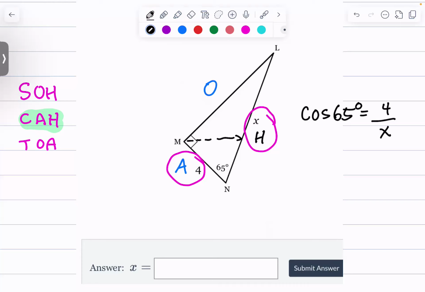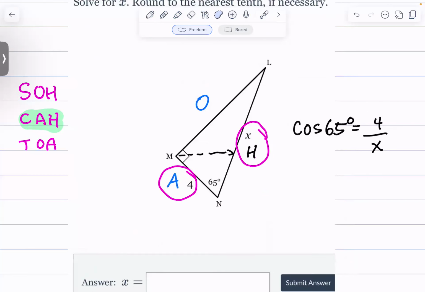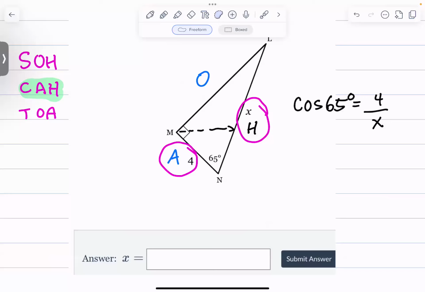Questions on my equation right there? No? So I just got to solve this. In order for me to solve it, this is a pro tip: if your variable is on the bottom in the denominator, all we got to do is just switch those two.